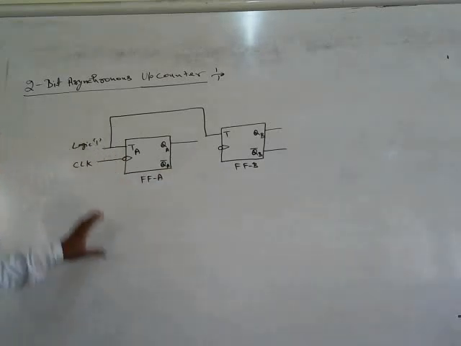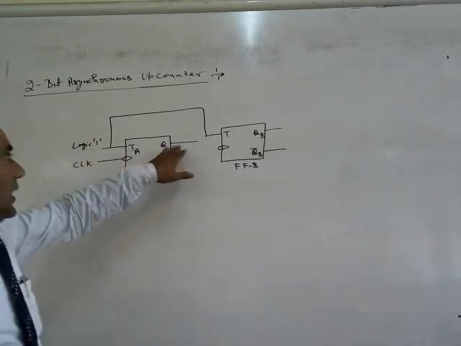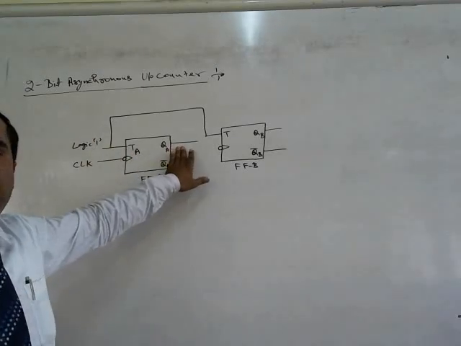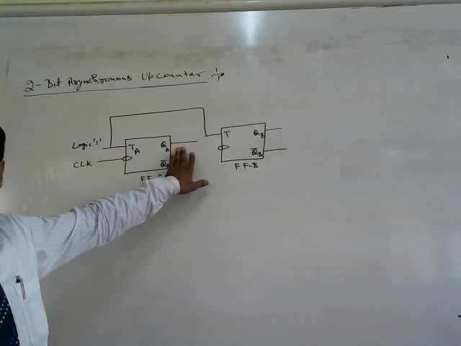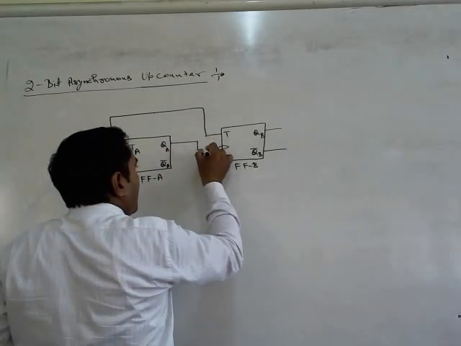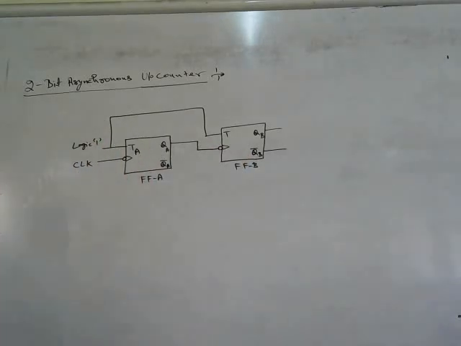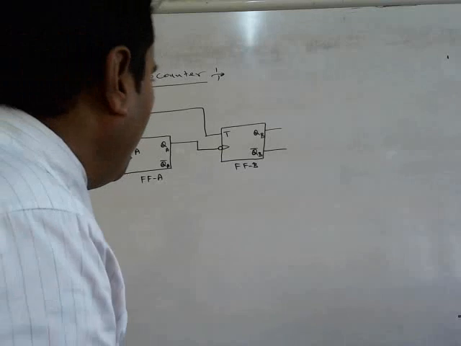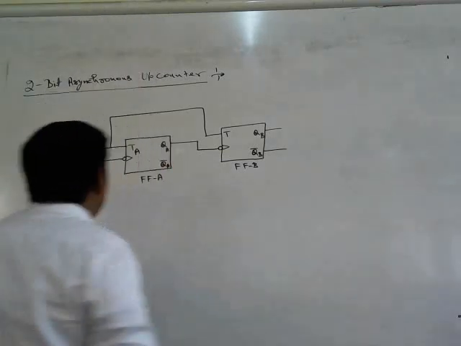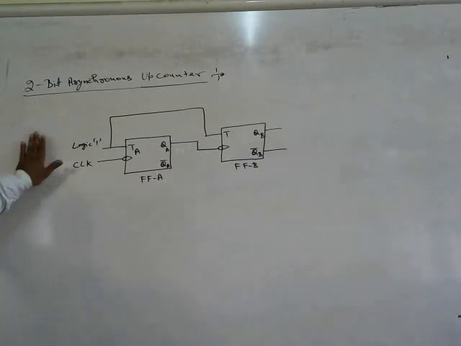And in case of the asynchronous counters, we connect the output of the first flip-flop to the clock signal of the second flip-flop. So QA is connected to the clock signal of the FFB, flip-flop B. Okay? So that's the logic circuit for the 2-bit asynchronous up counter.